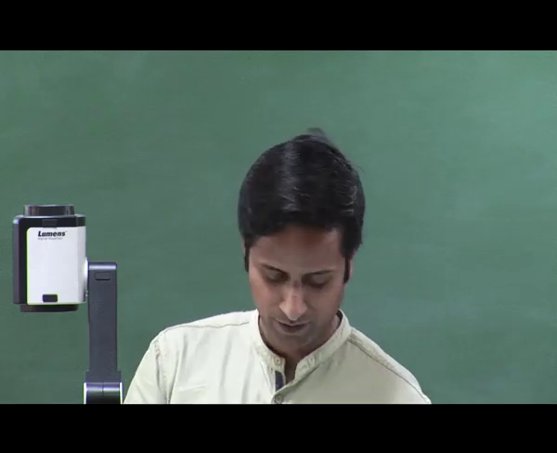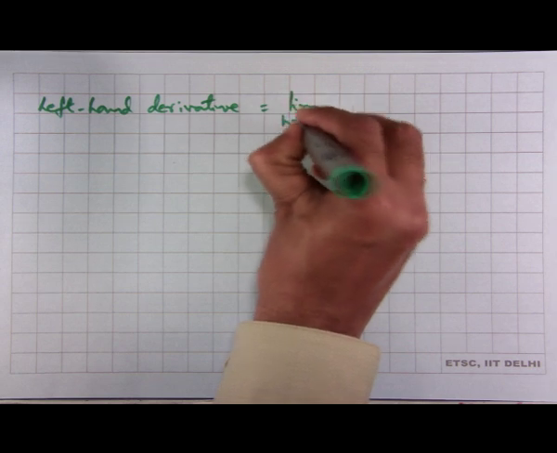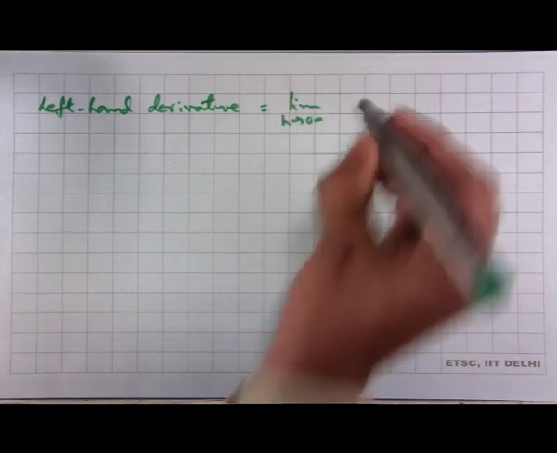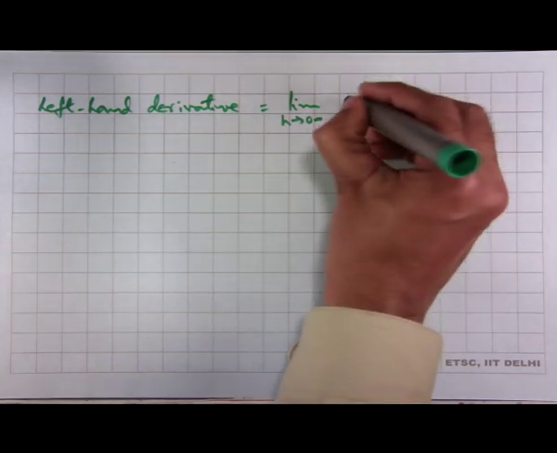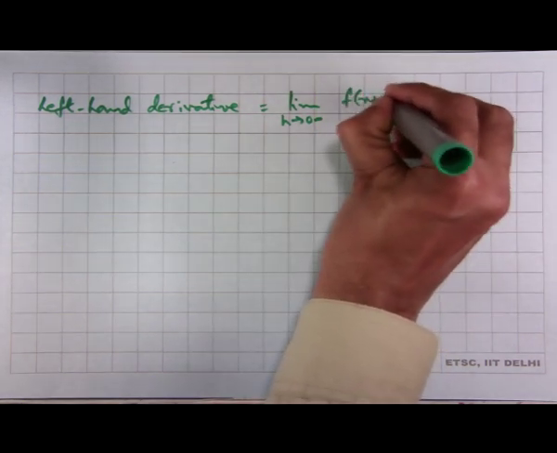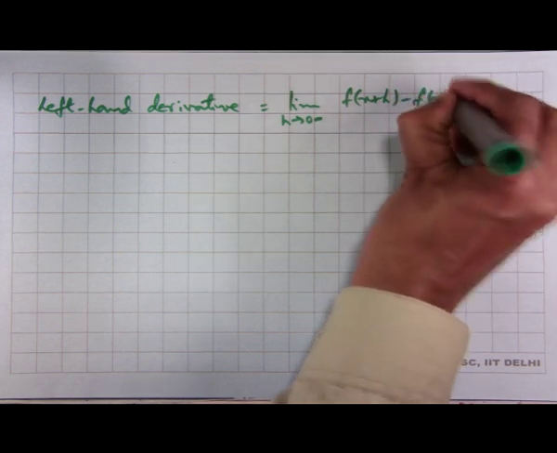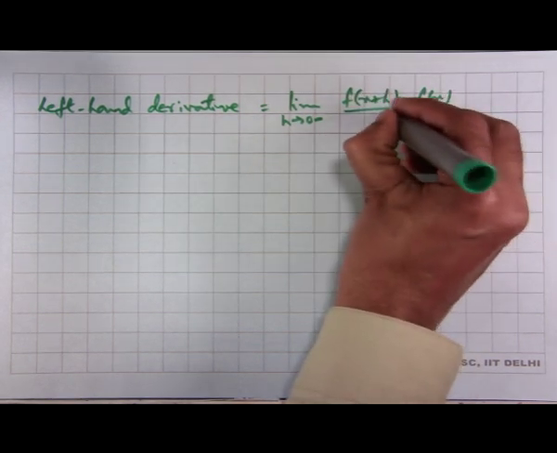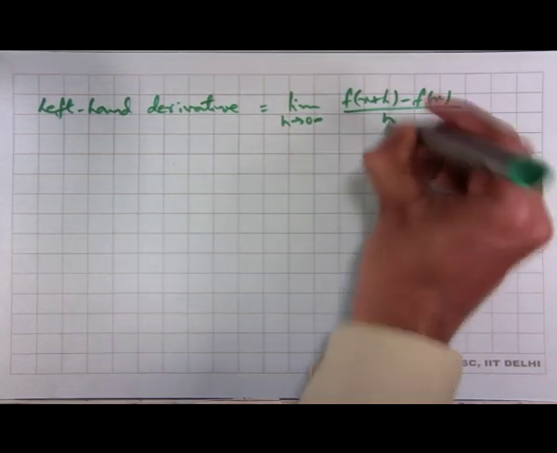Similarly, if we look at the left hand derivative, this is the limit of h approaching 0 from the left of f of x plus h minus f of x divided by h.